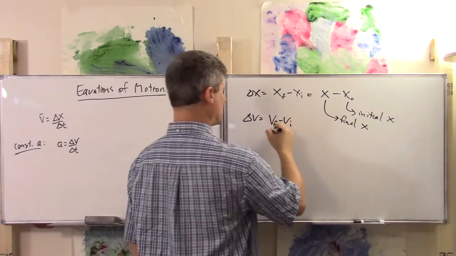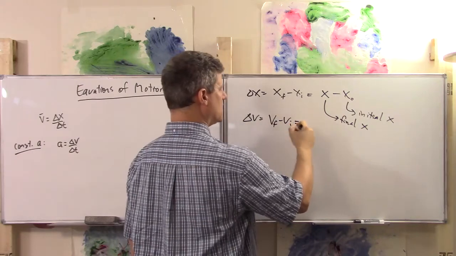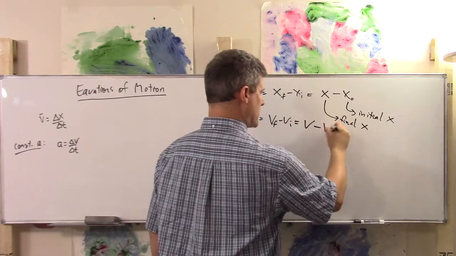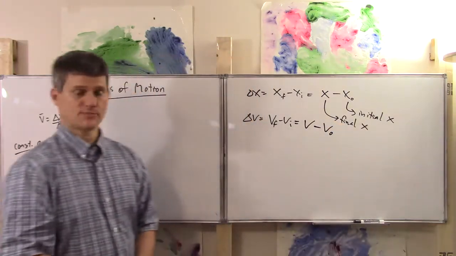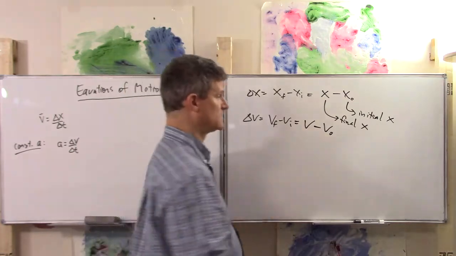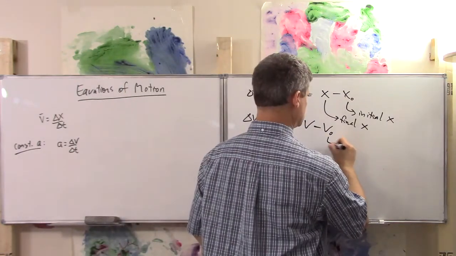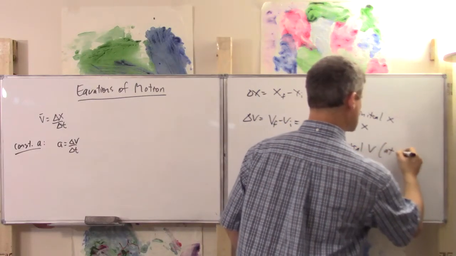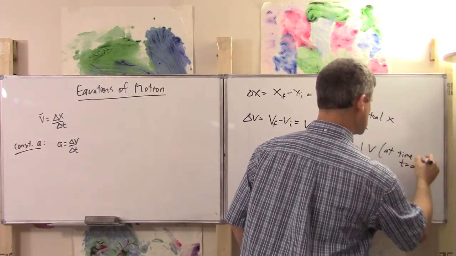Delta v is v final minus v initial, which is, again, v is your final velocity, and your initial velocity is v0. What that means is v at the time t equals 0. Initial v at time t equals 0.